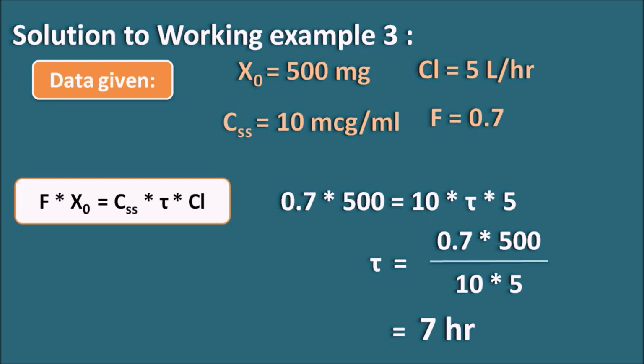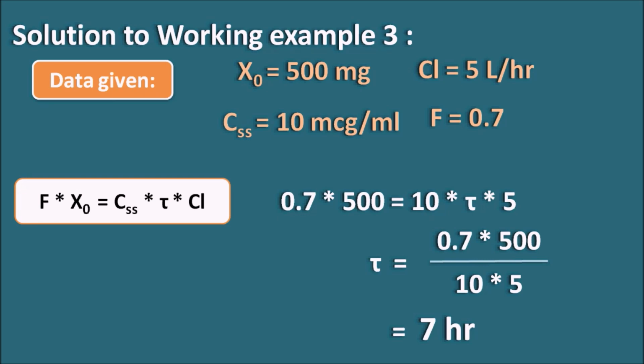So the calculations we have seen are mainly related to the dose that is to be maintained in order to achieve the steady state concentration. Importantly, the controlled release formulation cannot achieve 100% bioavailability, so the F value is also important in estimating the dosing interval.